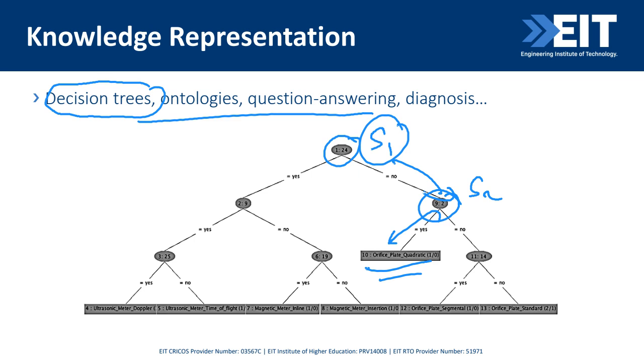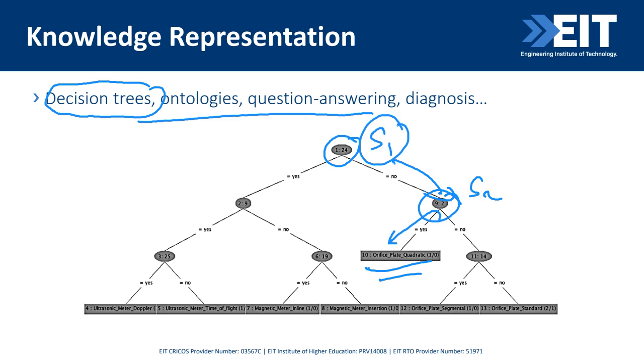Same thing if you are a mechanic and you are asking the client about what they saw in their car and you want to detect what was the problem. So you start asking questions, and depending on what the client will respond or what you will test, you will go and try something else or ask something different.